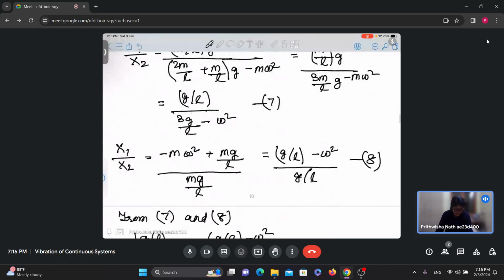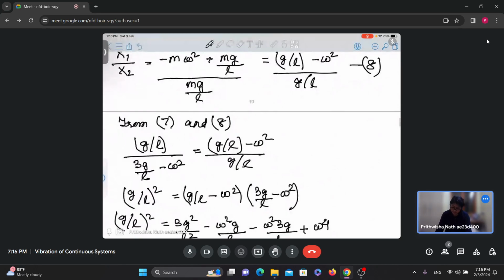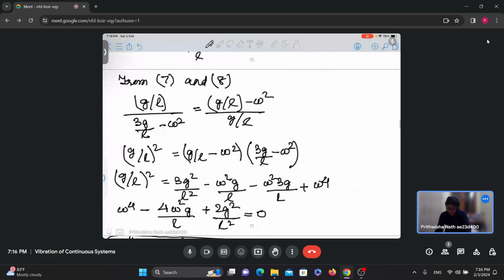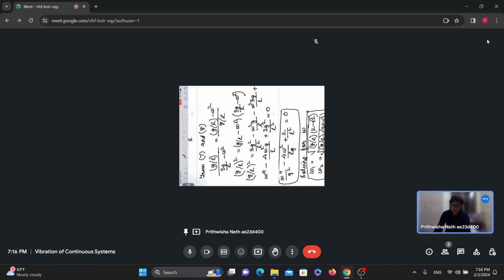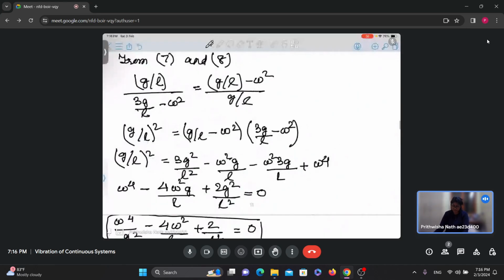Now from 7 and 8 we can just rearrange. Since this ratio X1 by X2 is equal in both, we can write it like this. So this came out like this: (g by L whole square) equals (g by L minus omega square) into (3g by L minus omega square).